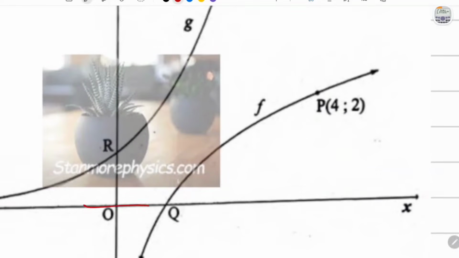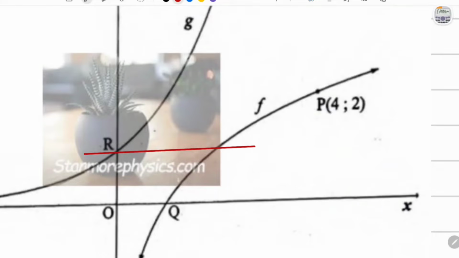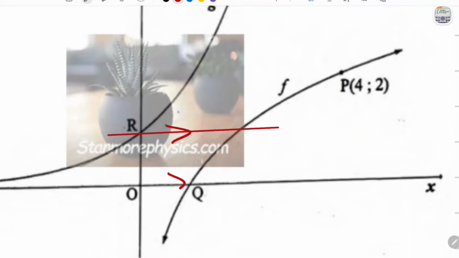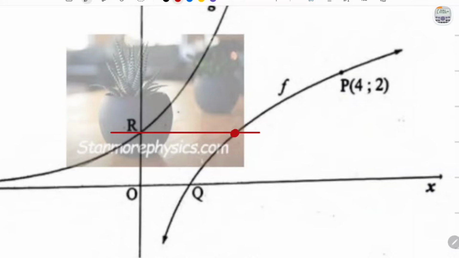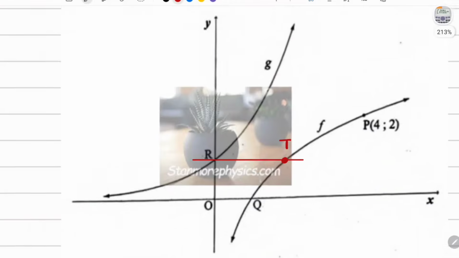Lines that are parallel to the x-axis are horizontal lines. So it means that to draw that line, you could really just do this. It's going to be a line. And so because this line is parallel to the x-axis, T is going to lie here on that line. Okay, that line does not look very good, let me just fix that. Okay, so it's going to lie on here, and that is our T. So TR is parallel to the x-axis.